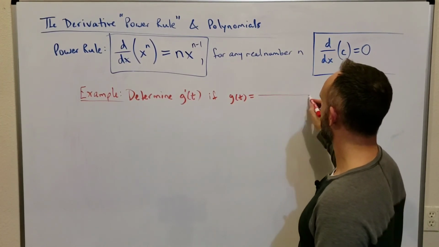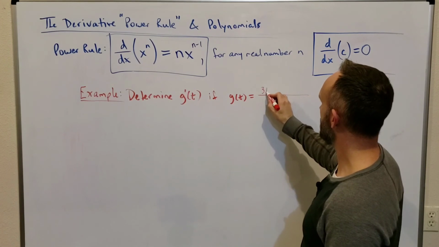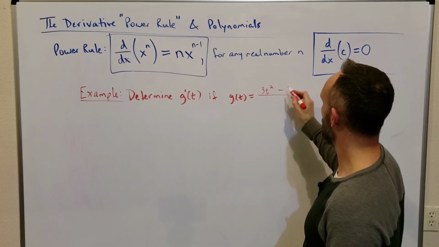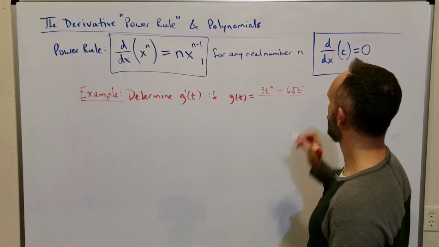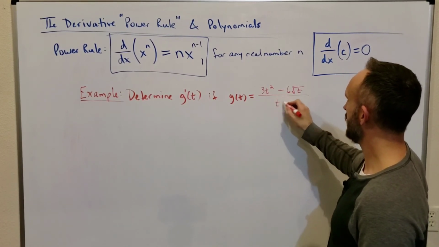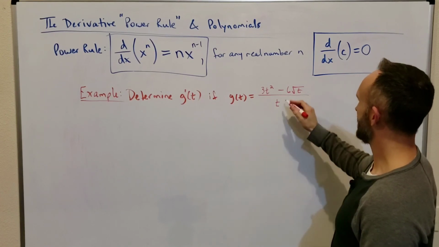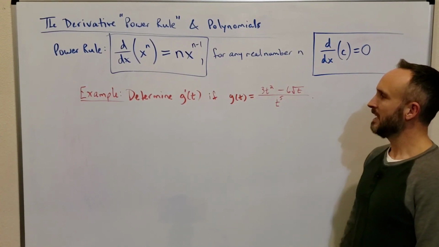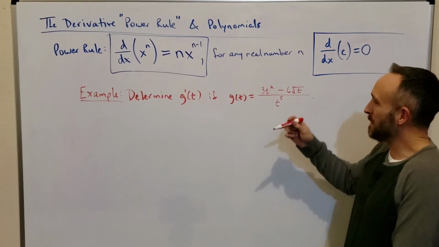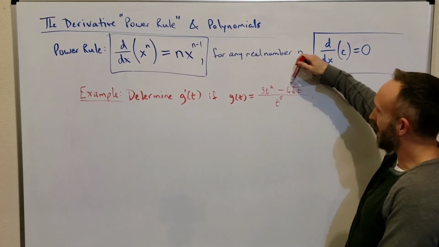So let's say we've got 3t squared minus 6 times the square root of t all over t to the 5th power, okay?